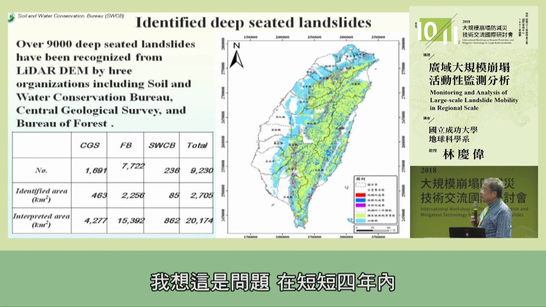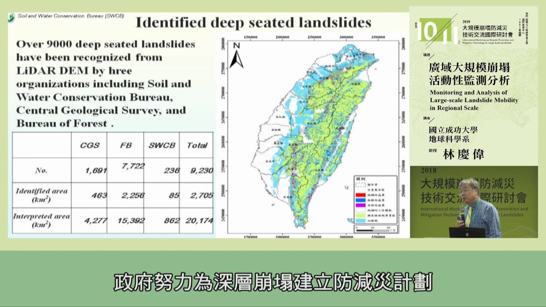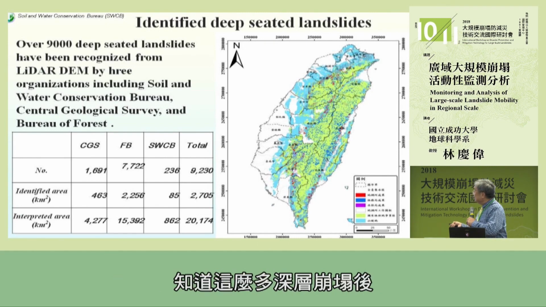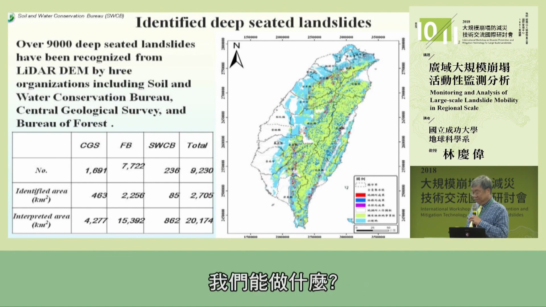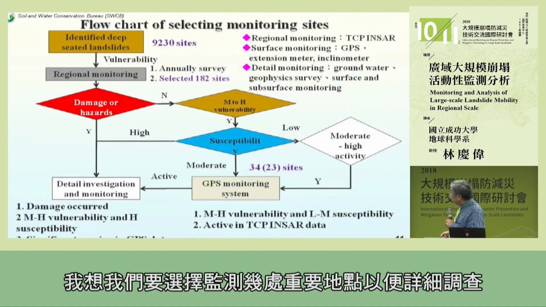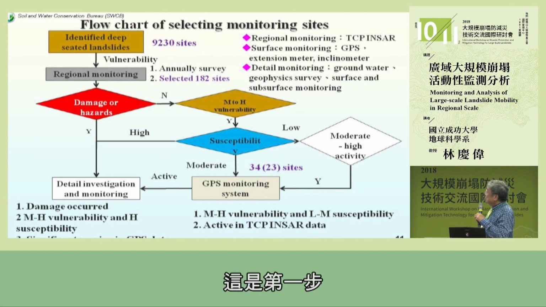Within a short time, like within 4 years, the government tried to establish a hazard mitigation program for deep-seated landslides. After we know so many deep-seated landslides, what can we do? I think we selected some important sites for monitoring or detailed investigation. That's the first step.